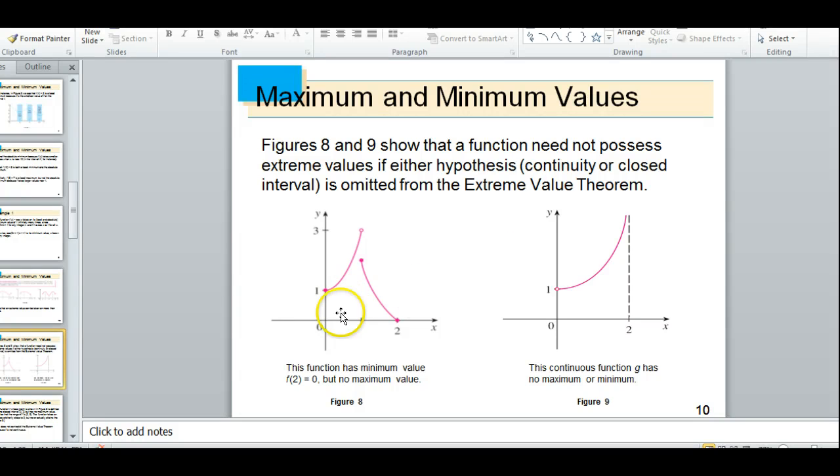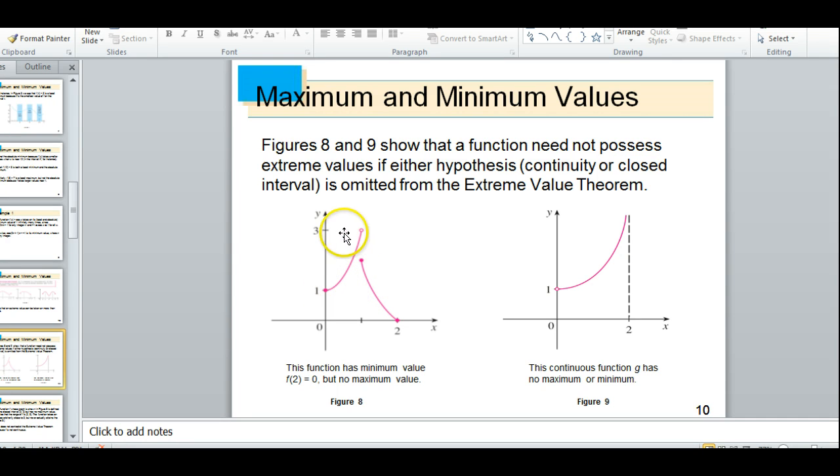So let's look at these two figures, just to reinforce the idea that the theorem is true as long as you have a continuous function and a closed interval as domain. Here, f is not continuous, therefore there is really no way to assure that there is an absolute maximum value.